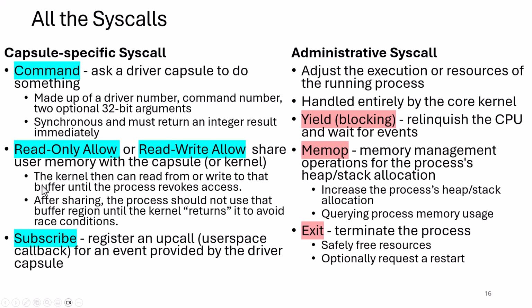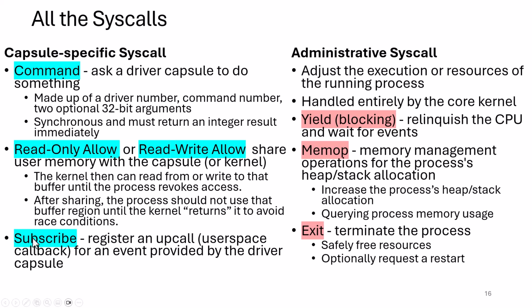And the kernel can then read from or write to that buffer until the process revokes access. So it's the process that can revoke access. And after sharing, that process should not use that buffer region until the kernel returns it to avoid race conditions. So in this case, after the sharing, the process should do other things but not write again to that region, because the kernel owns it until the process has had the kernel release it.